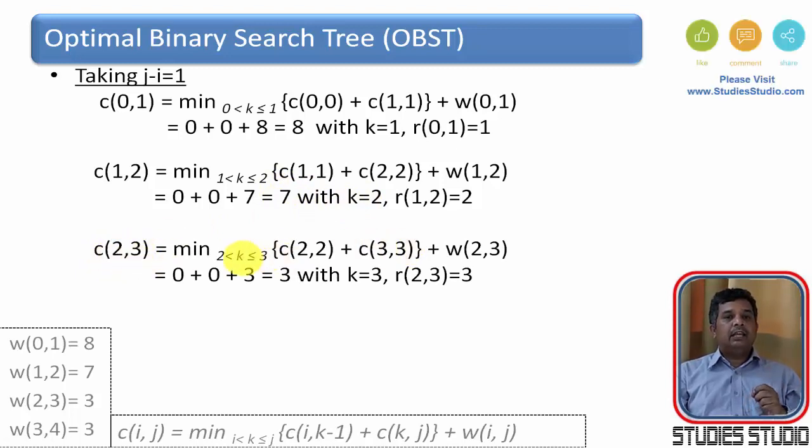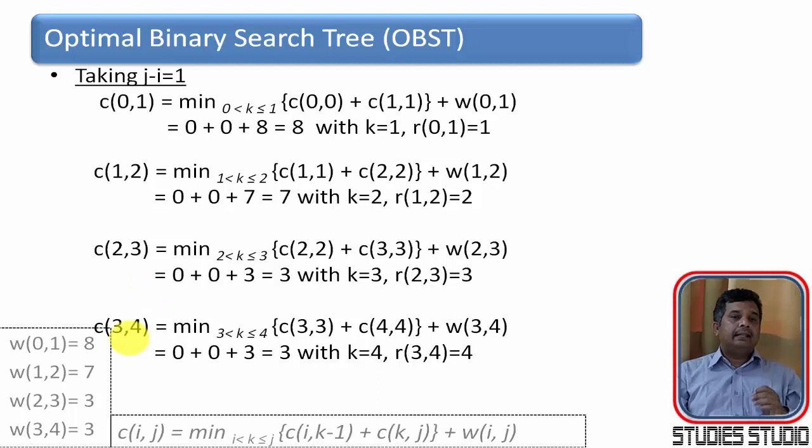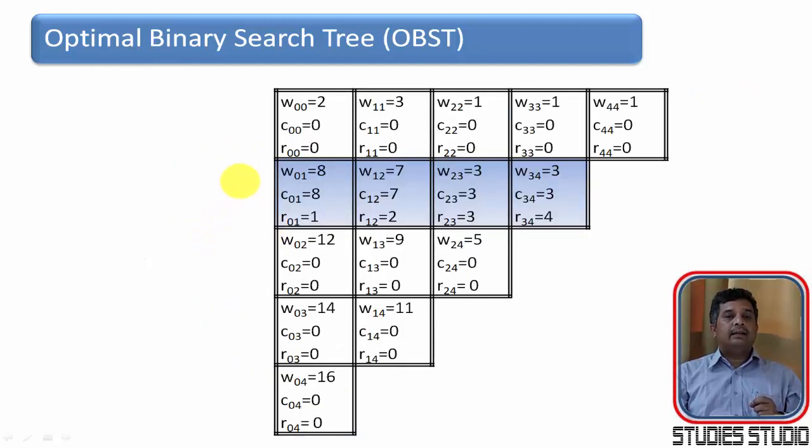And this inequality is satisfied for k equal to 3. So we will get the value 3 with k equal to 3. And the last one is C34, where k value is 4. So we are getting the value 3 with k equal to 4. Now substitute these values in the table. So in the second row we fill the data.